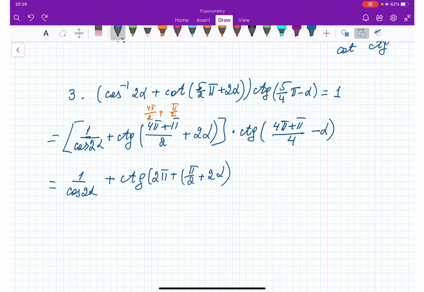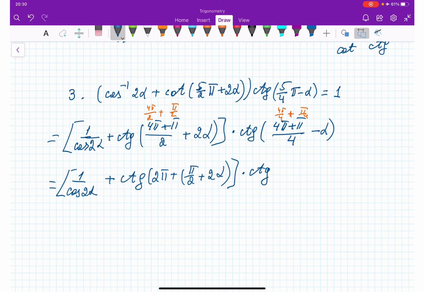Whoever hasn't learned how the functions sine, cosine, tangent, cotangent behave, it may be confusing what I'm writing here. And all this I'm multiplying by cotangent. So here also, it's going to be 4 pi over 4 plus pi over 4.